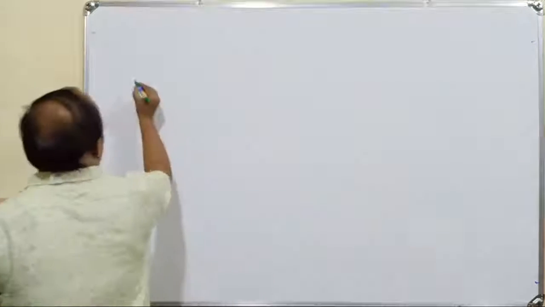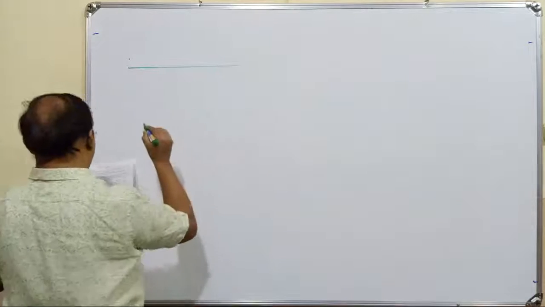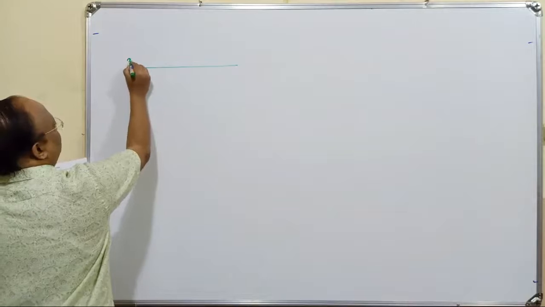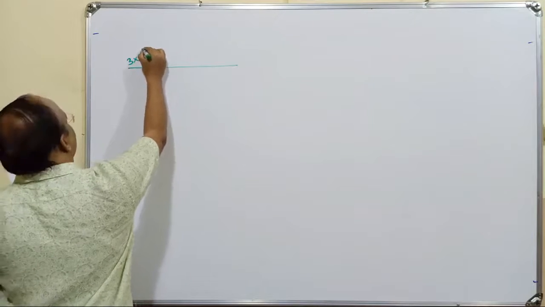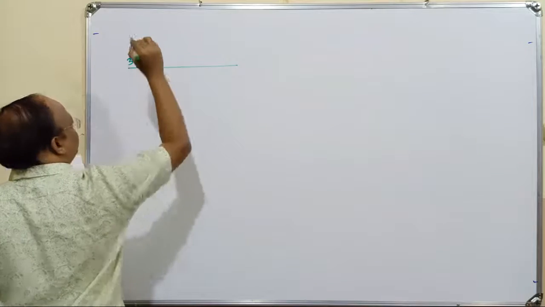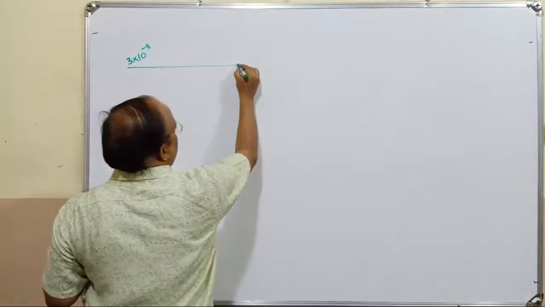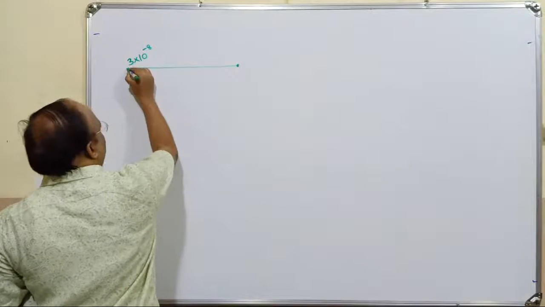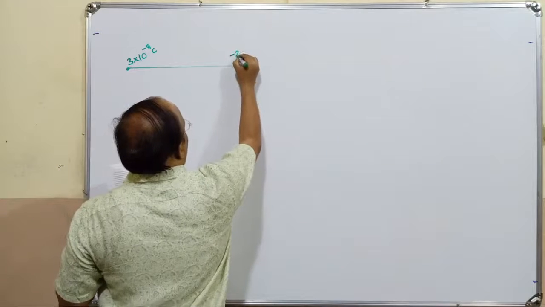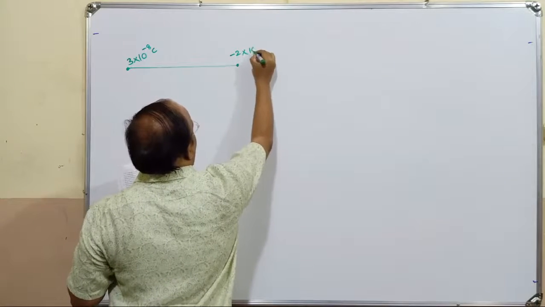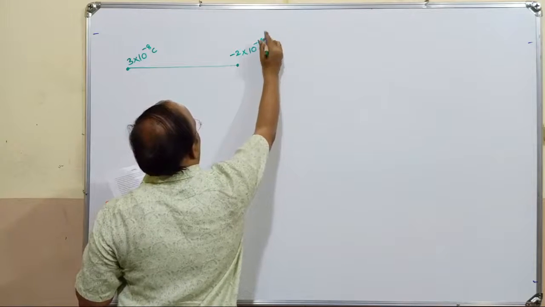One charge is 3 into 10 to the power of minus 8 and the other charge is minus 2 into 10 to the power of minus 8 coulomb.